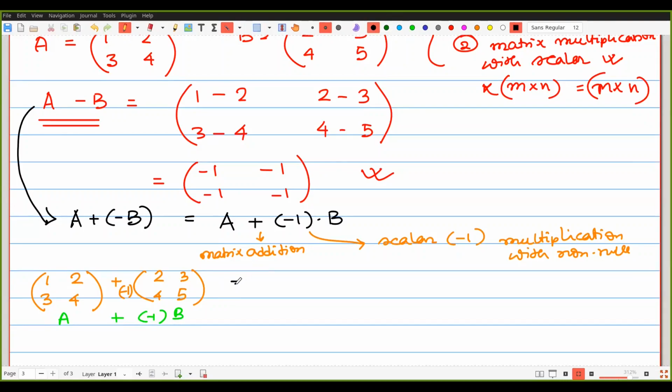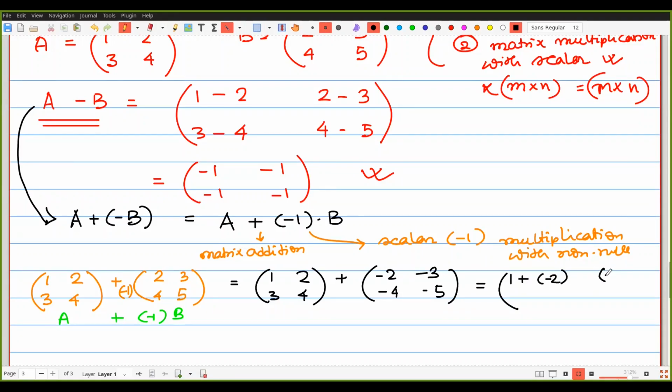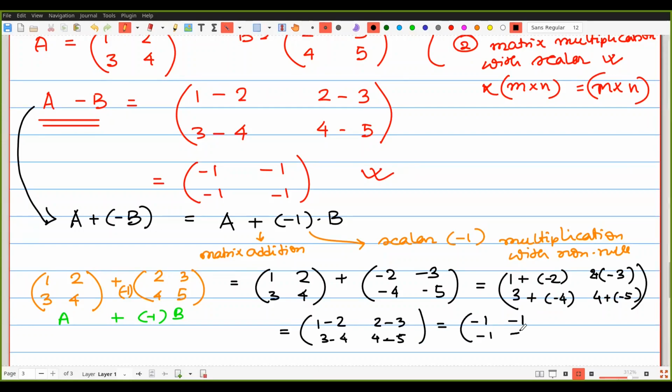So the result is like that: 1 2 3 4 plus minus 1 multiplies, so minus 2 minus 3 minus 4 minus 5. That means the operation is going on 1 plus minus 2, 2 plus minus 3, 3 plus minus 4, 4 plus minus 5. So obviously 1 minus 2, 2 minus 3, 3 minus 4, 4 minus 5, so minus 1, minus 1, minus 1, minus 1.